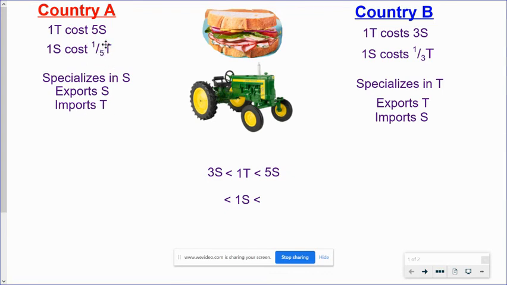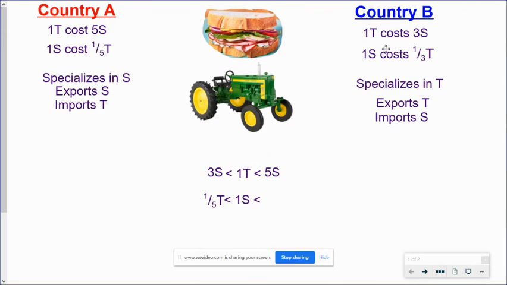So, since they're getting the tractors for a sandwich, they definitely want to get more than 1/5, which would have been the cost of a sandwich done on their own. Ladies and gentlemen, so we definitely know that this one sandwich is going to trade for more than 1/5 of a tractor from country A's perspective.